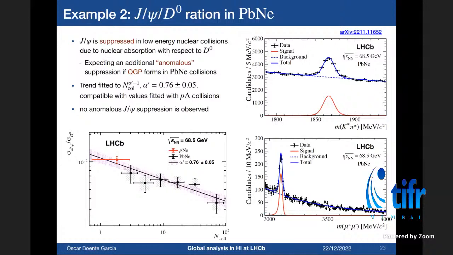Now it's clear. We really want to do this with lead-argon to see the larger Ncoll and to see if we can also reduce the uncertainty bars to get more precise. Thank you.